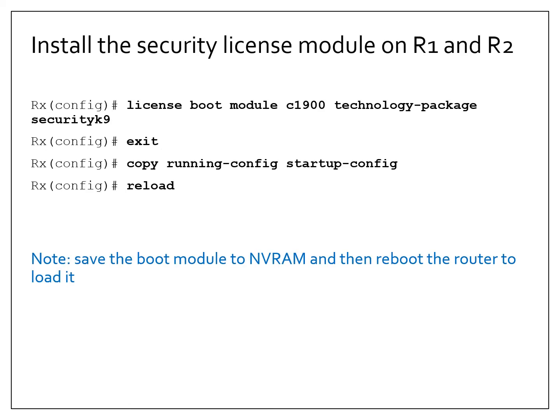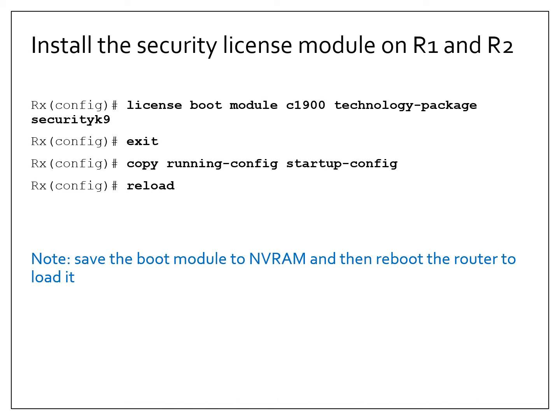Now before we begin to configure our virtual private network on the two routers, router 1 and router 2, we need to install the security license module. So we say license boot module, and because they're 1900 series routers, it's a C1900, technology-package, and then security K9, and this will be the security boot module.